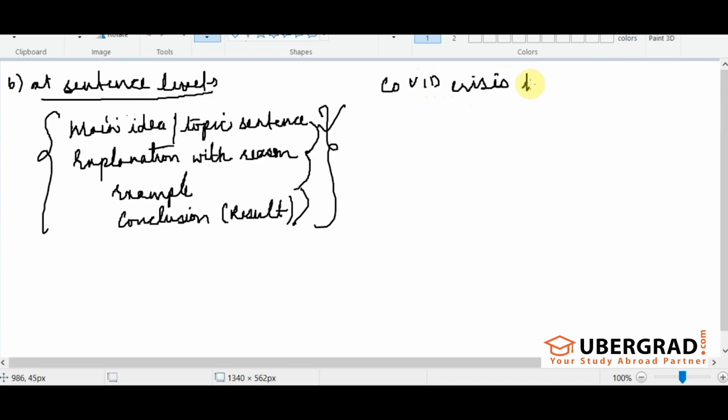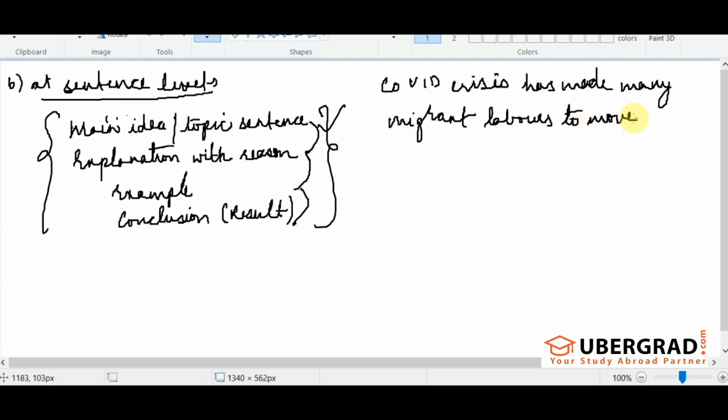COVID crisis has made many migrant laborers to move back to their hometowns.